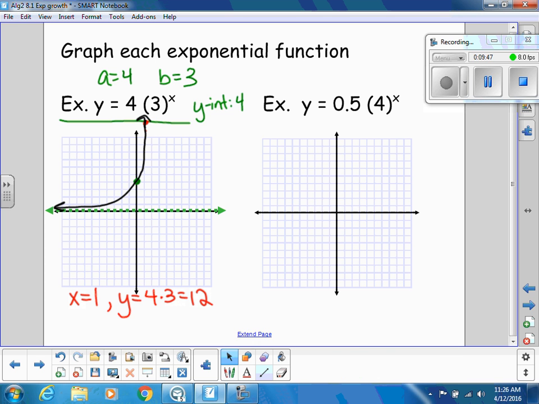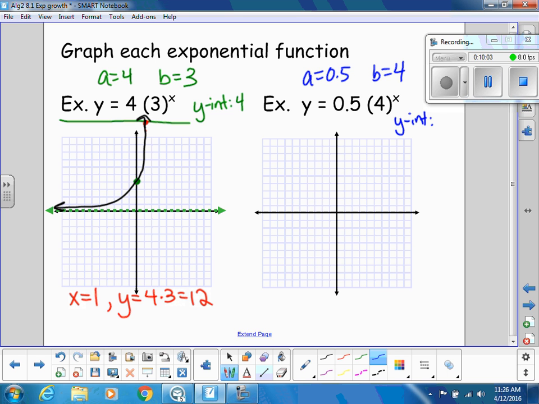Let's start off with the A and the B. So A is 0.5, that's the number in front. B is the base, the one with the exponent on it, which is 4. So our y-intercept is going to be our A value, which is 0.5. So it's going to be crossing at a half.